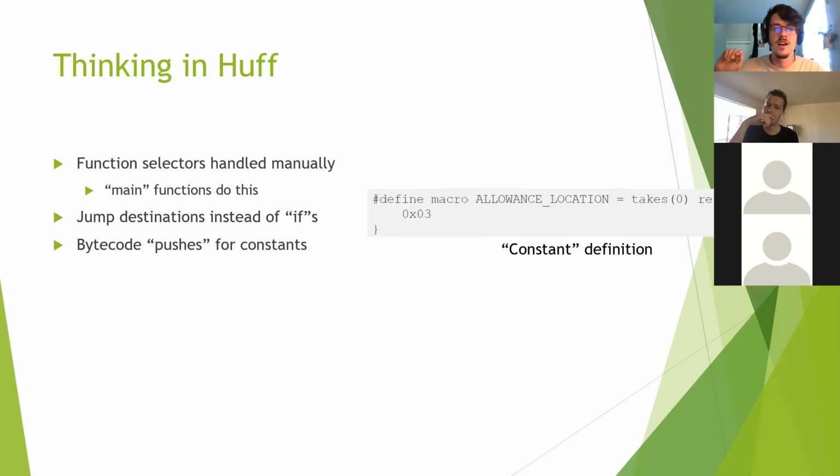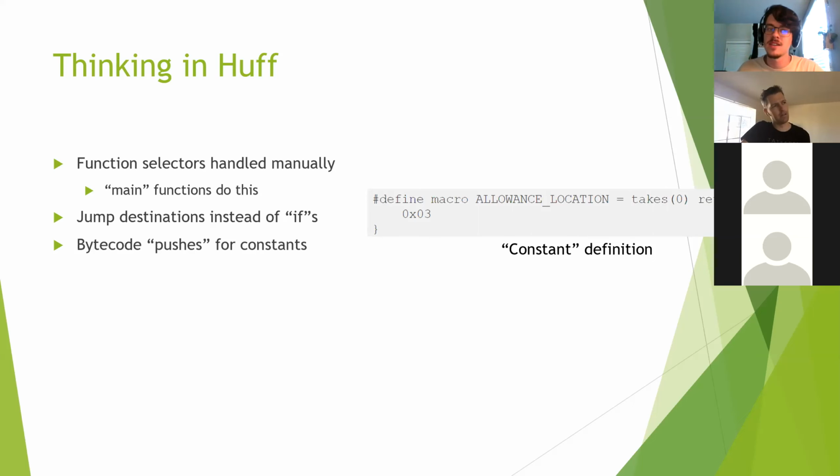But in Huff, you have to create what's called a main macro, that will then make the calls to the separate things that you're trying to do.